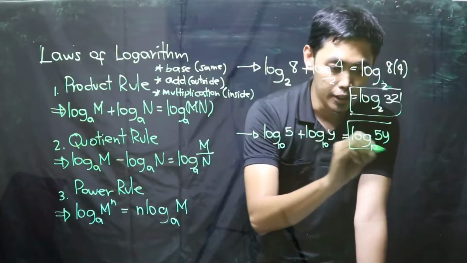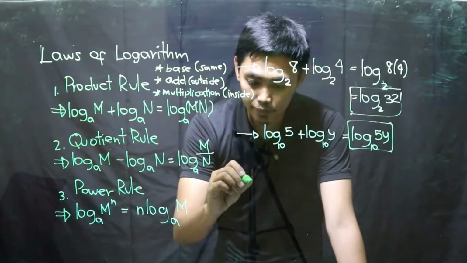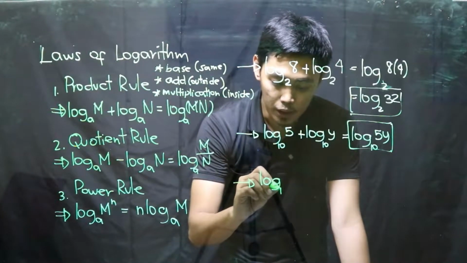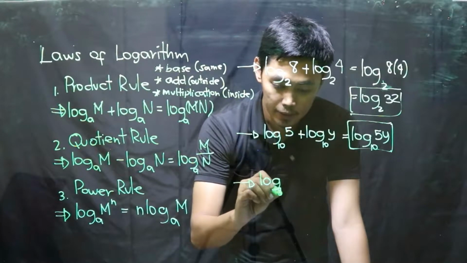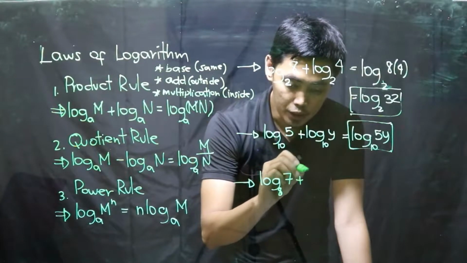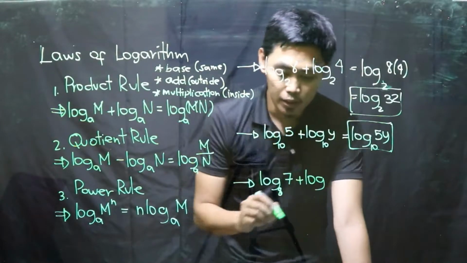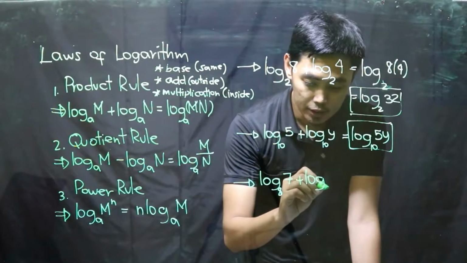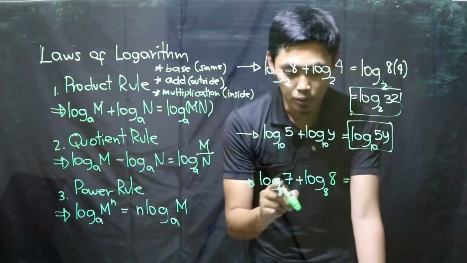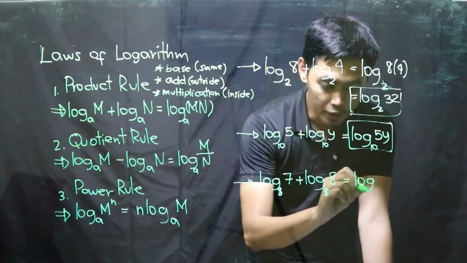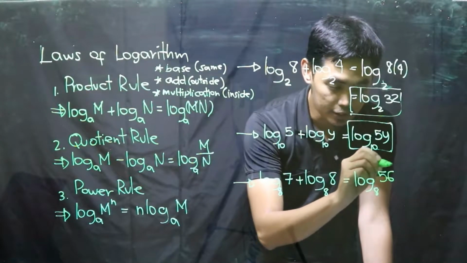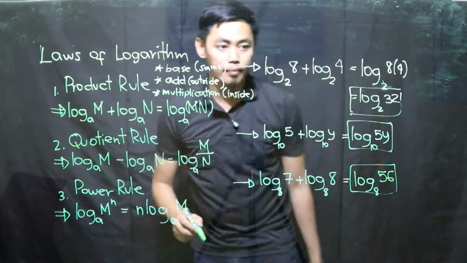So this is our answer. Next, logarithm of base 8 of 7 plus logarithm of base 8 of 8. So, logarithm of base 8 of 7 times 8, that would be 56. So that is our answer.